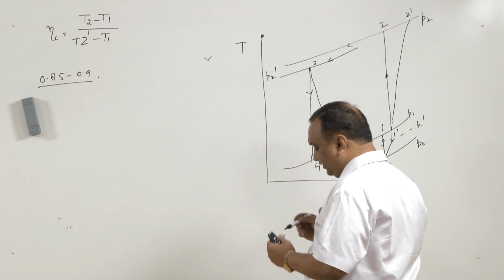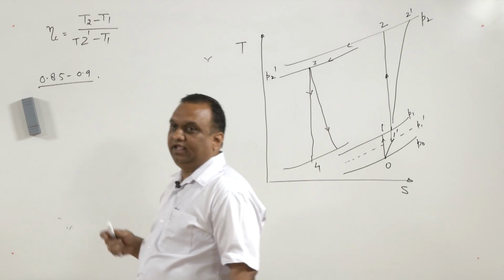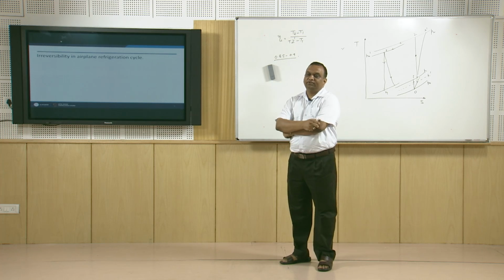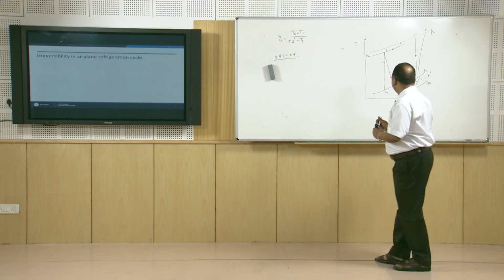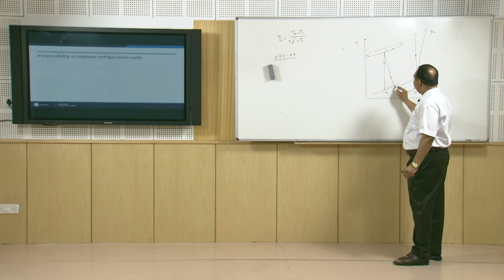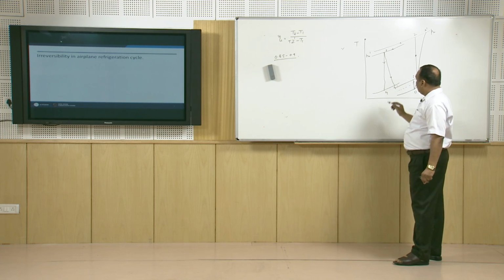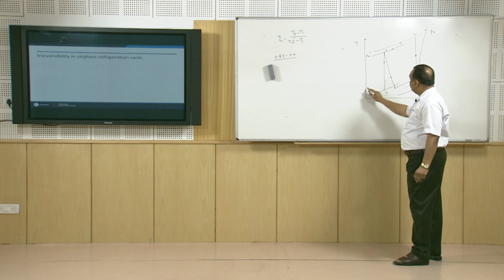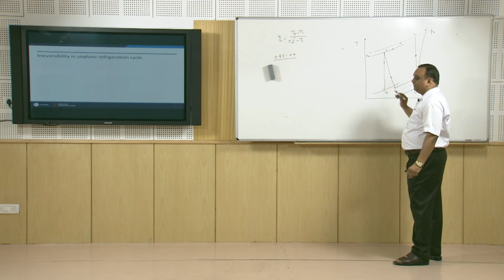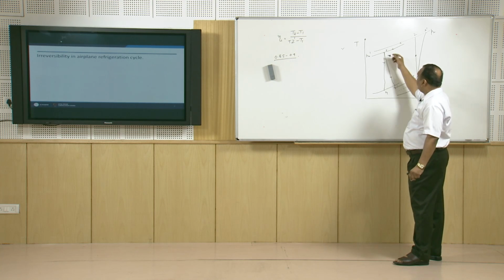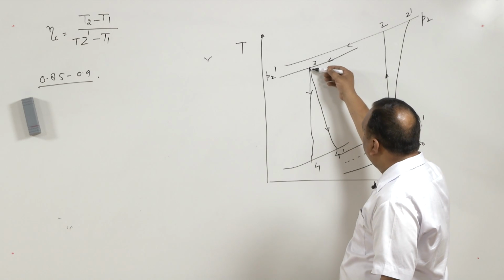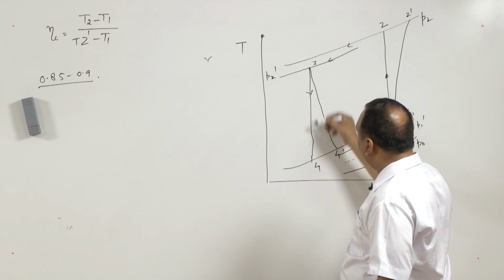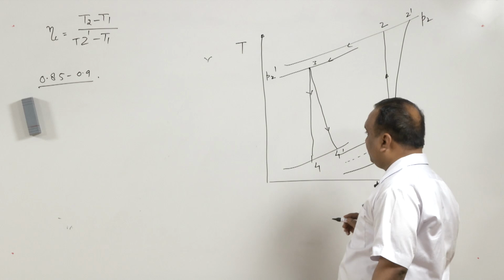Again, during this process the entropy increases, due to irreversibilities present during this process. Instead of getting state 4 we get state 4 dash, and the temperature of state 4 dash is higher than the temperature of state 4. After expansion the temperature is higher in case of irreversible process in comparison to the reversible expansion.